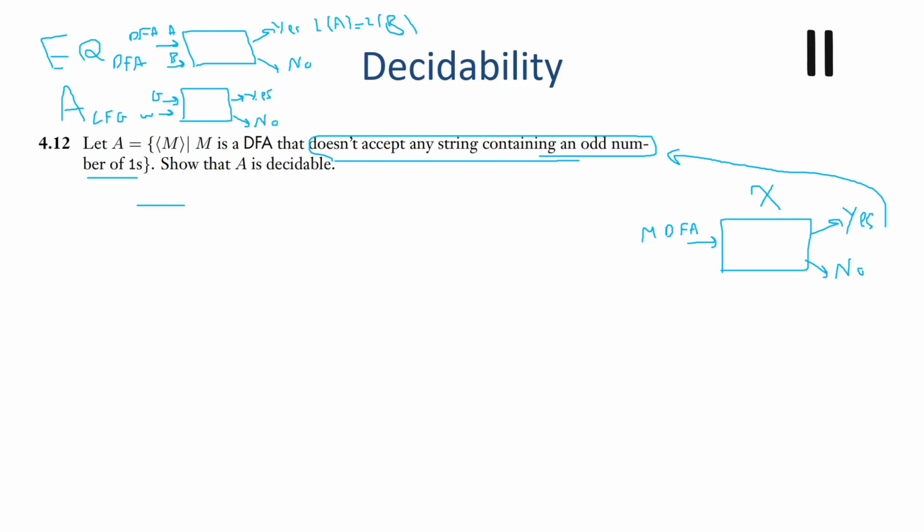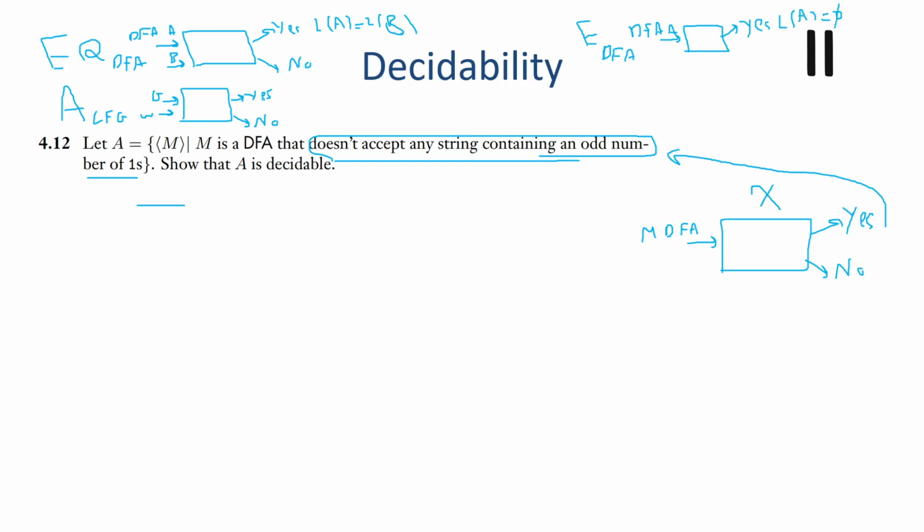But for today, we're going to be assuming one more thing, which is the EDFA, where E stands for empty. It's simply the language where, given some DFA A, it'll tell me yes or no if that language is empty. So yes, if the language of A is nothing.